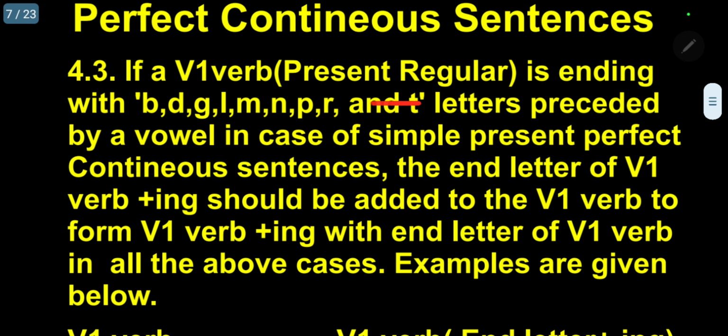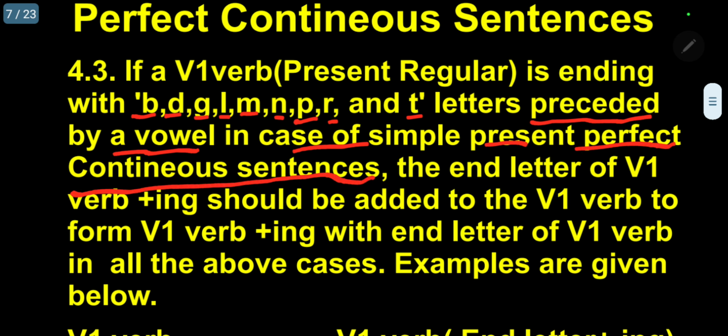If a V1 verb is regular and ends with one of the following letters, B, D, G, L, M, N, P, R and T, preceded by a vowel, in the case of simple present perfect continuous sentences. Please follow, this is the unique example. Only these 9 letters come as the end letters in the present verb.